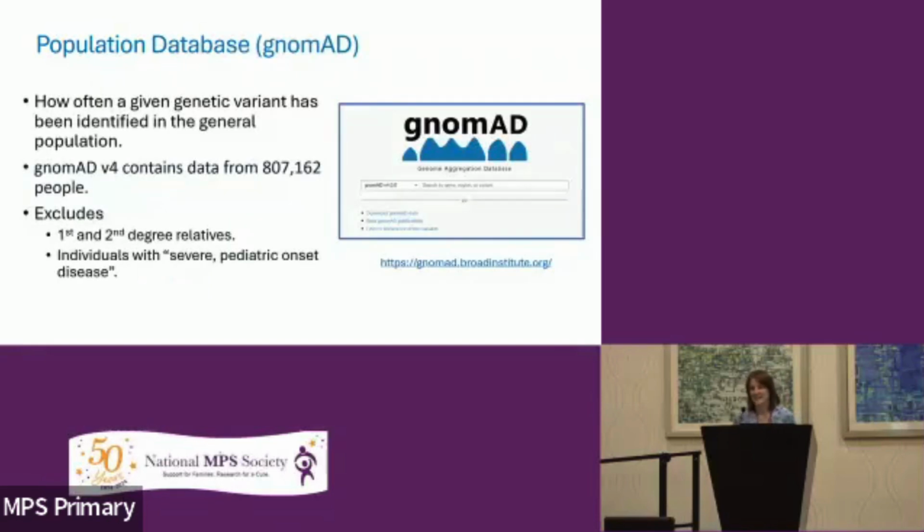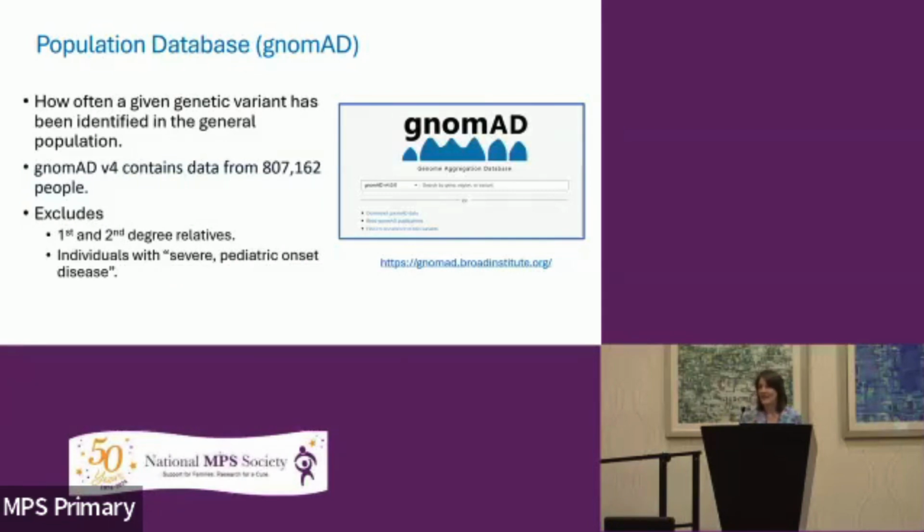So where do we find this information about the frequency of these different variants in the population? We use a large population database called gnomAD. So the most recent version of gnomAD actually has data from over 800,000 people. So it is a huge database now. And the data in gnomAD is basically coming from sequencing of all of the genes in these individuals.